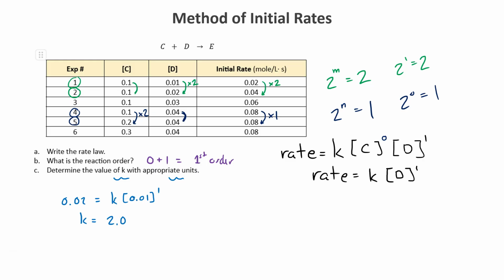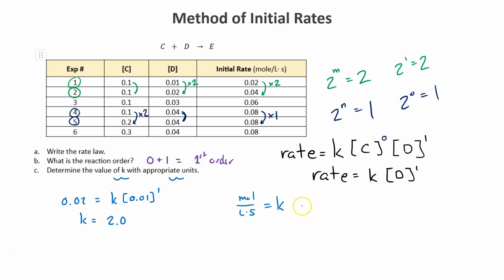We also need the units on k, and rate constant k values can have all kinds of different units depending on the reaction order. If you don't know the units of a first order reaction, you can always solve the rate law again, but this time using units, moles over liter seconds for rate.